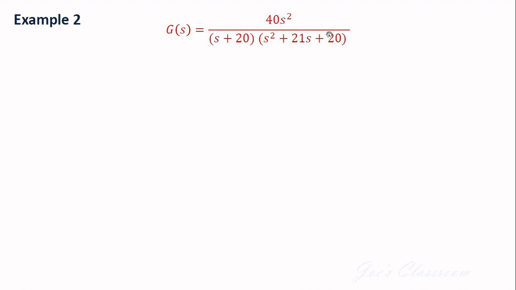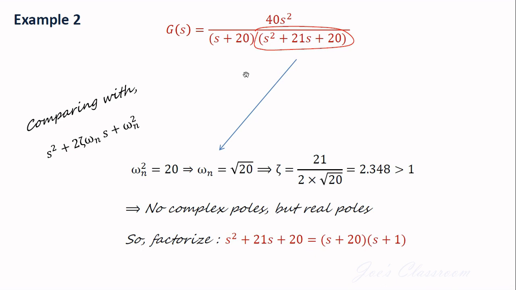If you encounter any quadratic form, you have to ensure whether this quadratic term is going to result in complex poles or real poles. How do you do that? You have to find out the zeta value. How can you do it? Obviously, this is in pole-zero form, and therefore you have to compare with s square plus 2 zeta omega n s plus omega n square. So omega n square is equal to 20, omega n is equal to root of 20, and 2 zeta omega n is equal to 21, and therefore zeta is equal to this.